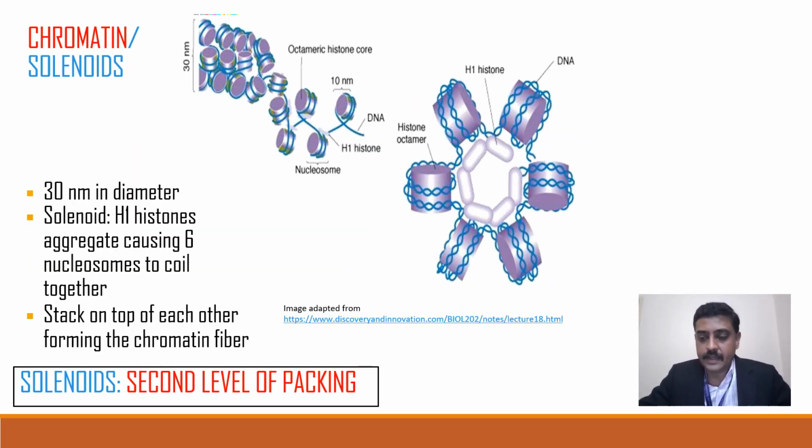The linker DNA is just around 50 to 90 base pairs in length, whereas the core DNA, which is bound around the histone octamer, is around 146 base pairs in length. The role of the H1 histones is not only to protect the DNA that is bound around the octameric histones in a tight manner, but also they can interact with additional H1 aggregates, thereby establishing a 30 nanometer solenoid fiber structure, resulting in the second level of packing of DNA.